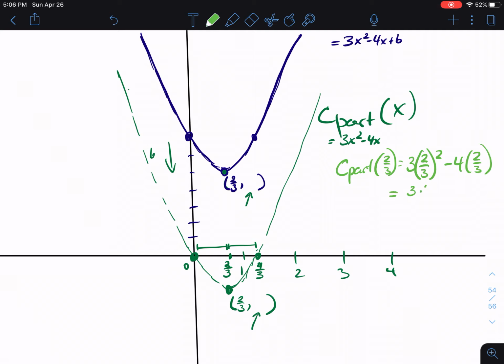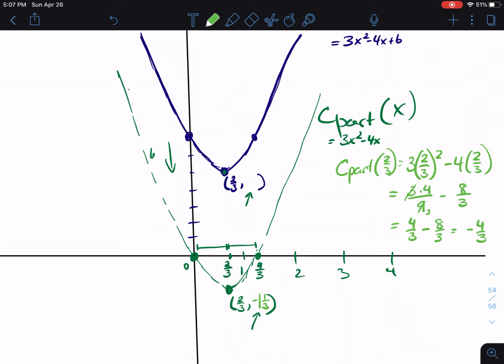So we have 3 times 4 over 9 minus 8 over 3. So 3 9ths is 4/3 minus 8/3, which is negative 4/3. Negative 1 1/3.